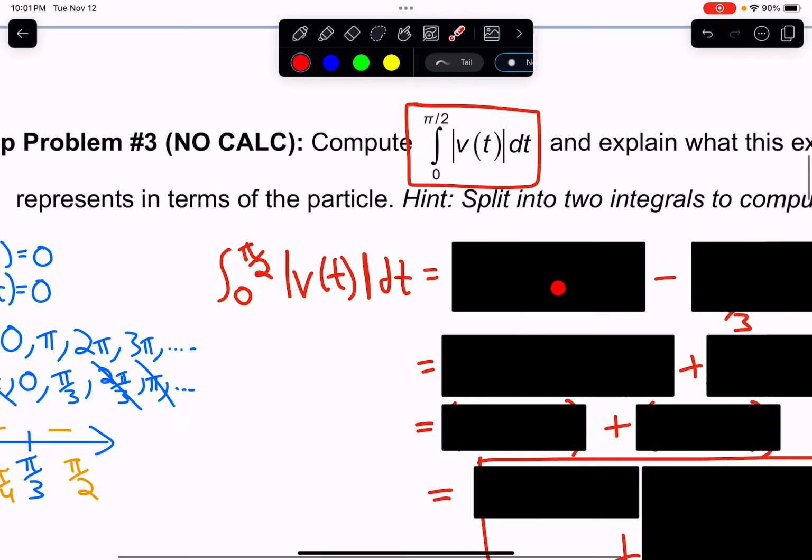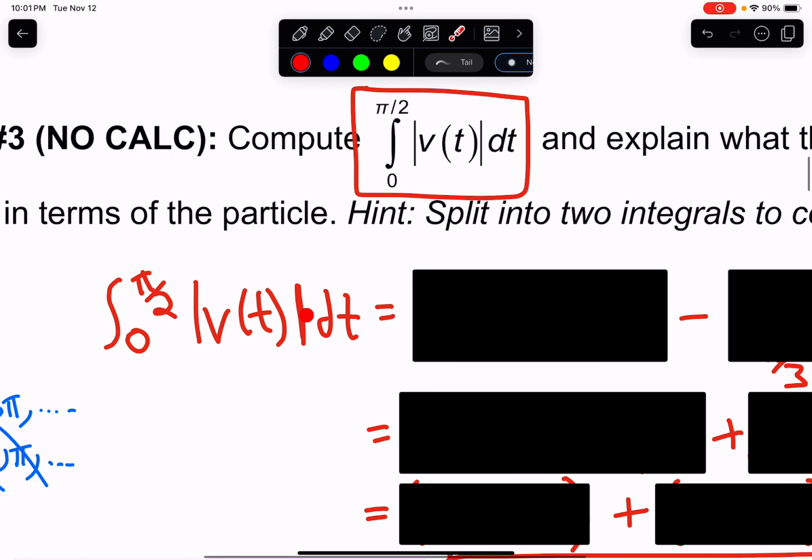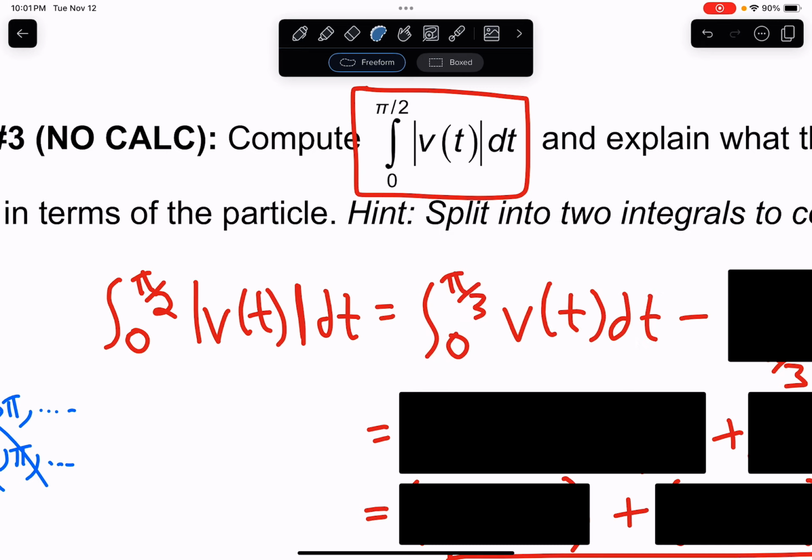Because the way we split this up, remember, what does an absolute value actually mean? It means any input that is positive stays positive. From 0 to pi over 3, v of t is already positive, so I don't need absolute value here. It doesn't do anything for any inputs from 0 to pi over 3. And so that part is going to remain the same.